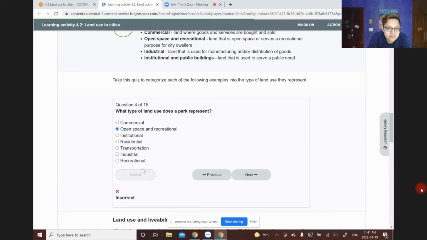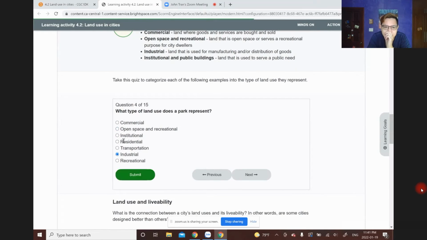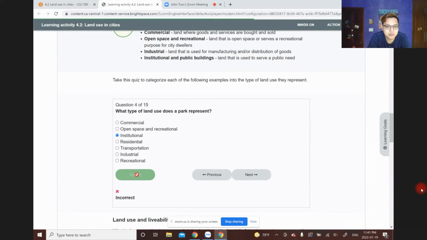It's not industrial for sure. I think it's recreational, more like. But why didn't they choose open space? I think this question is just quite weird. I think recreational.